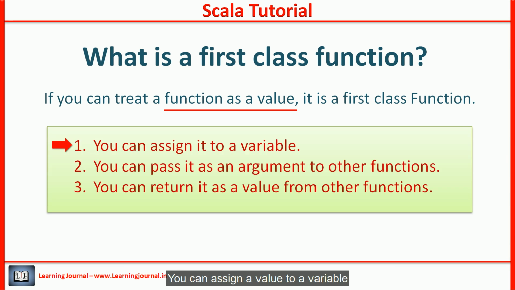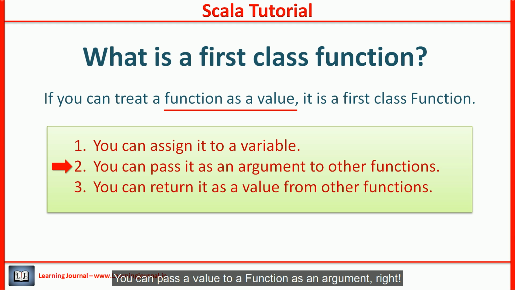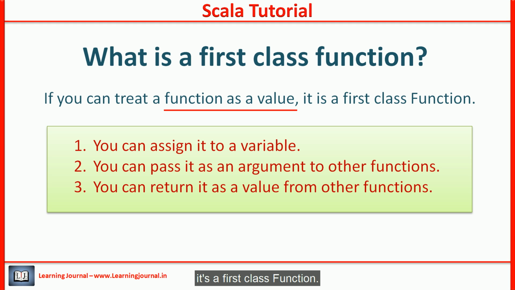You can assign a value to a variable, so you should be able to assign a function to a variable. You can pass a value to a function as an argument, right? So you should be able to pass a function as well. You can return a value from a function, so you should be able to return a function also. If you can do these three things with a function, it's a first class function.